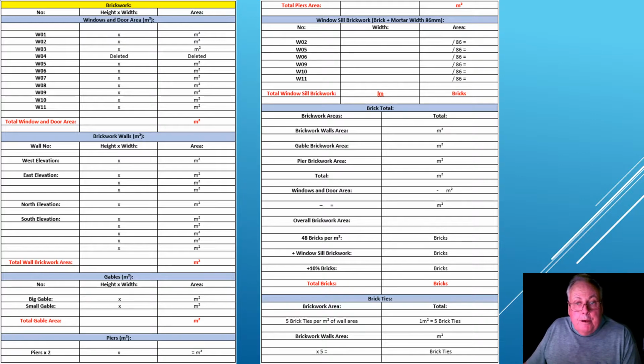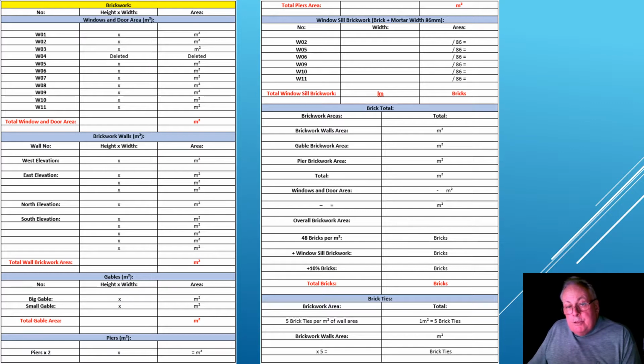Brick totals. So you've got your brick areas, the wall areas, the gable areas, piers, and come up with a total. Then we subtract the window and door areas to give us this figure, and then we come up with an overall brickwork area, which we can put here, and then we times that by 48, and that will give us the number of bricks.